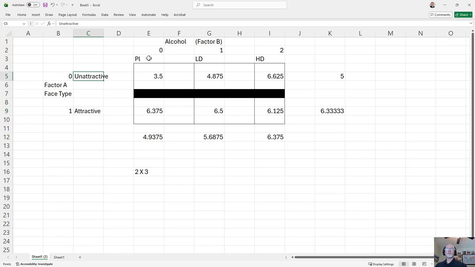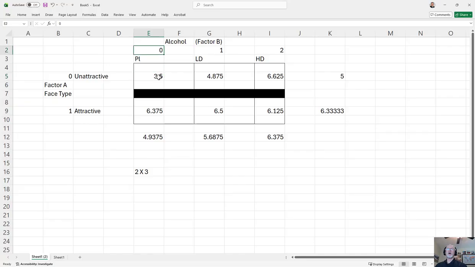The way that I would teach students to conceptualize this would be in this 2 by 3 factorial framework, where the cell means are in the boxes. This is for judging an unattractive person.